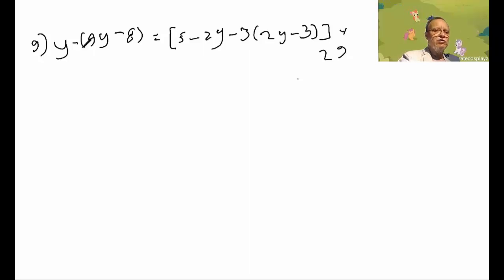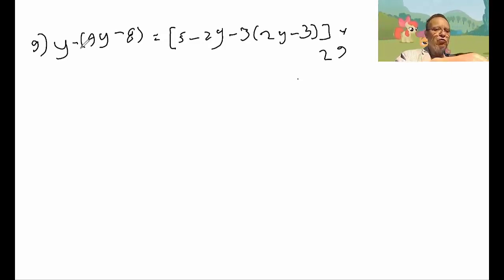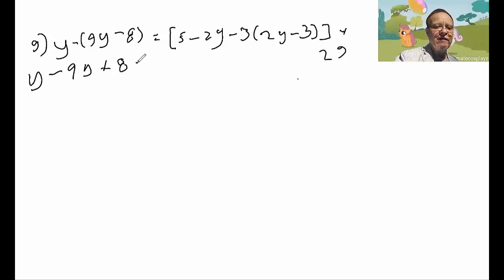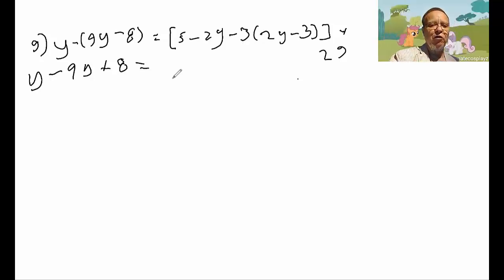Now, of course, we'll do like we did in 8 over here. Remember that negative outside the bracket is like using a -1 and distributing it through the whole thing inside the bracket. So we have y minus 9y plus 8, and we'll do similarly here, that innermost bracket like we did in an earlier problem.